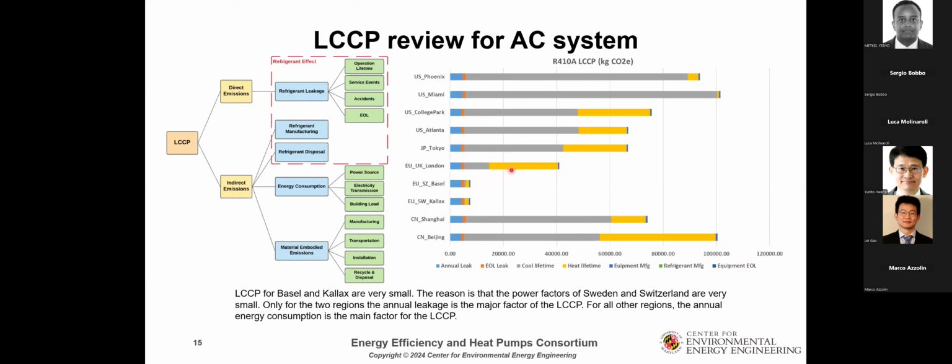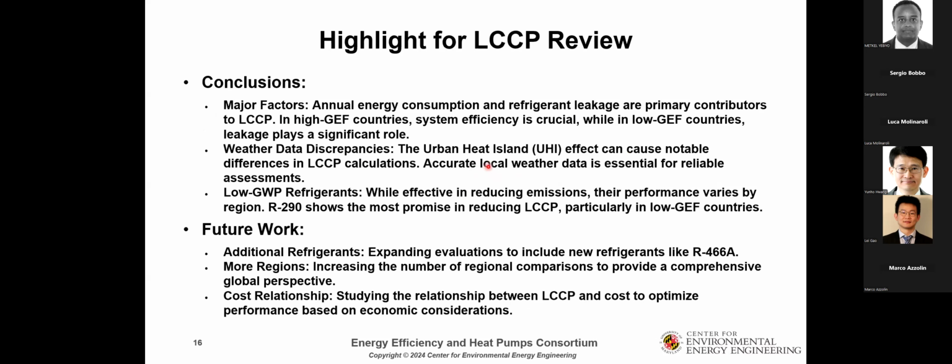From the figure, we can find that LCCP for Basel and Zurich has a very small value, and the reason is that the power emission factor for Sweden and Switzerland is very small. Only for these two regions, the annual leakage is the major factor for the LCCP. And for all other regions, the annual energy consumption is the major factor for the LCCP value.